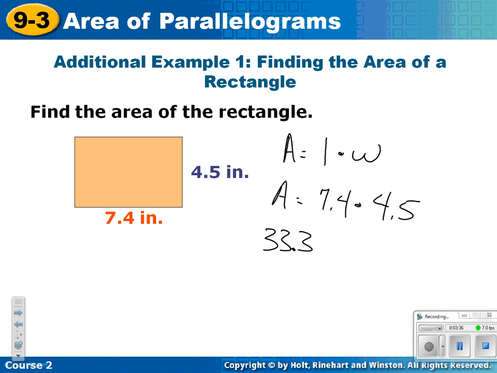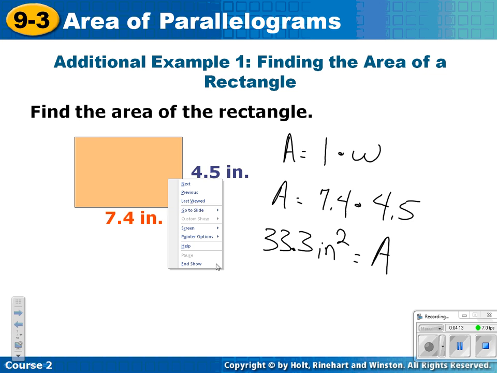Now, let's think about our label. What is our label going to be? Inches what? Because area is always measured in what? Square units, whatever the unit is, and it's inches, so it's 33.3 inches squared equals the area. That's all you do. It's that simple. To find the area of a rectangle, you take the length times the width.